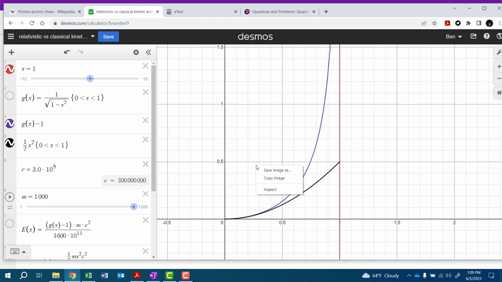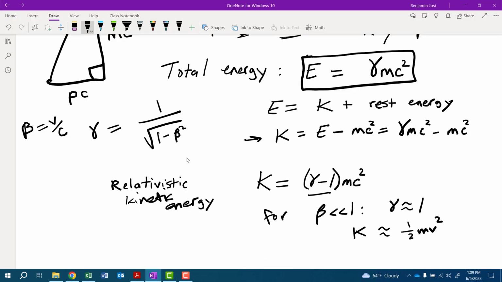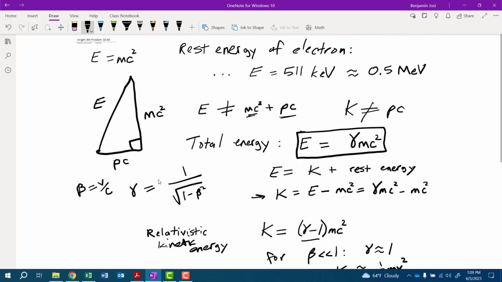So I suppose you could just memorize that as long as your beta is only 0.2, 0.3 or less than that, there's virtually no difference between gamma minus 1 and 1/2 mv squared. We'll have to keep that in mind for this problem because we're talking about an electron with a whole lot of energy. So here's the other important point that I meant to make.